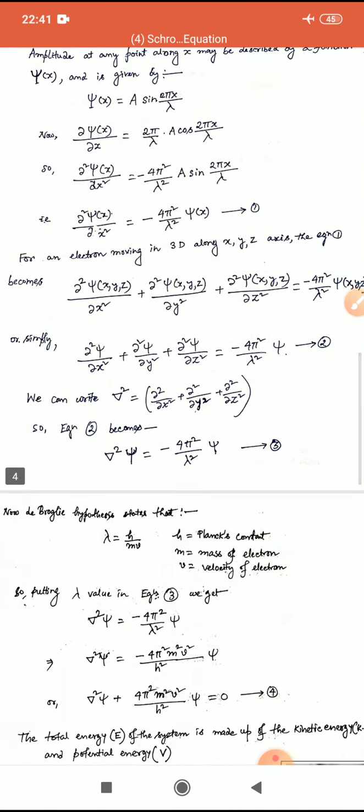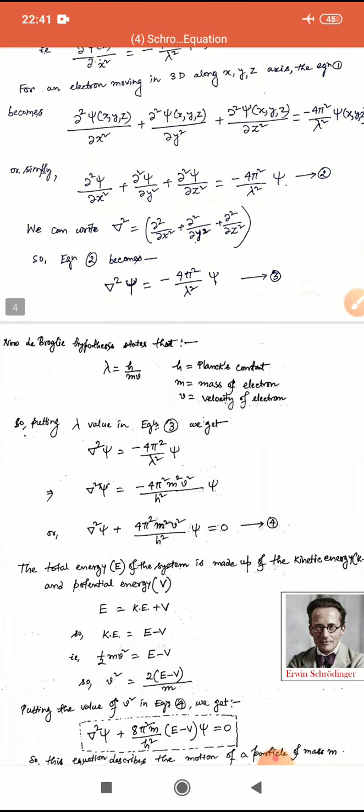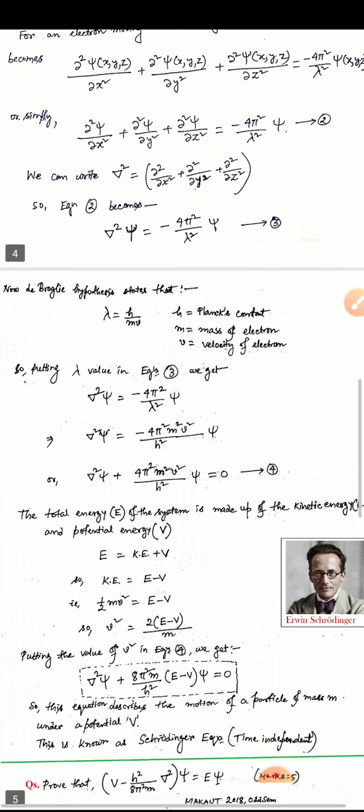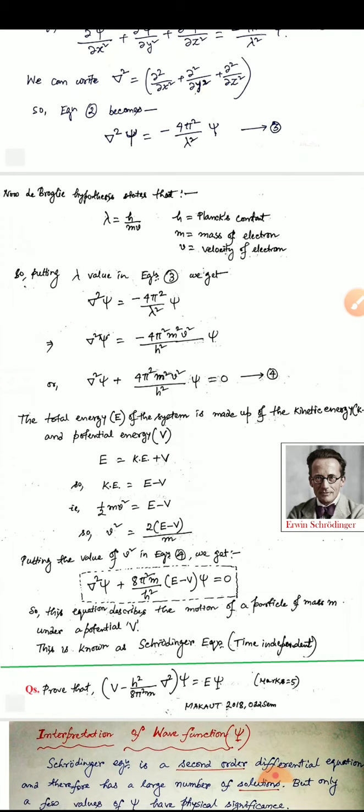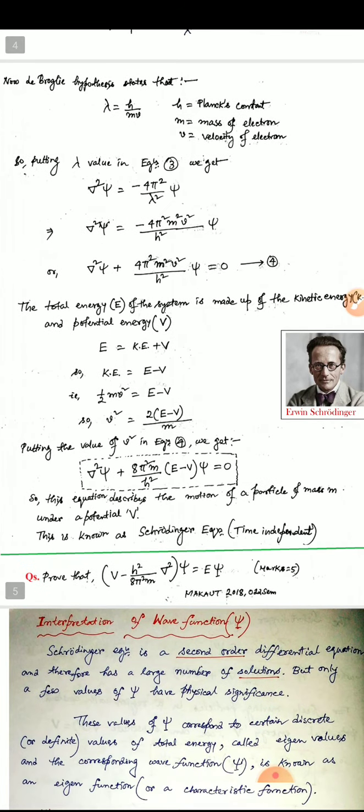So ultimately we will get the final form of the Schrödinger equation, that is ∇²ψ plus 8π²m/h² (E - V) ψ = 0, which we already discussed.